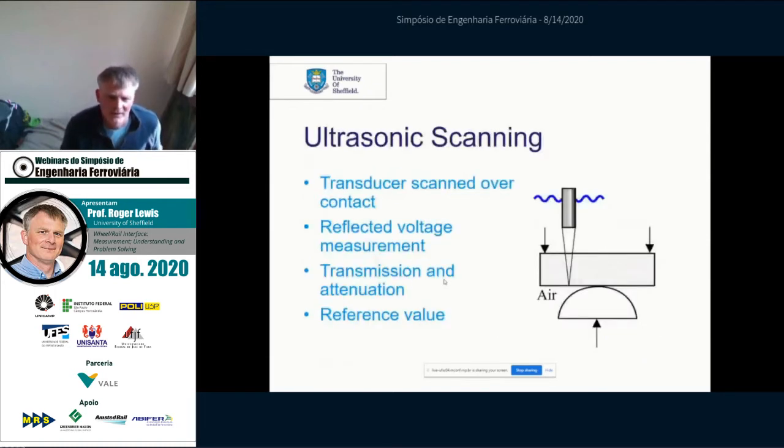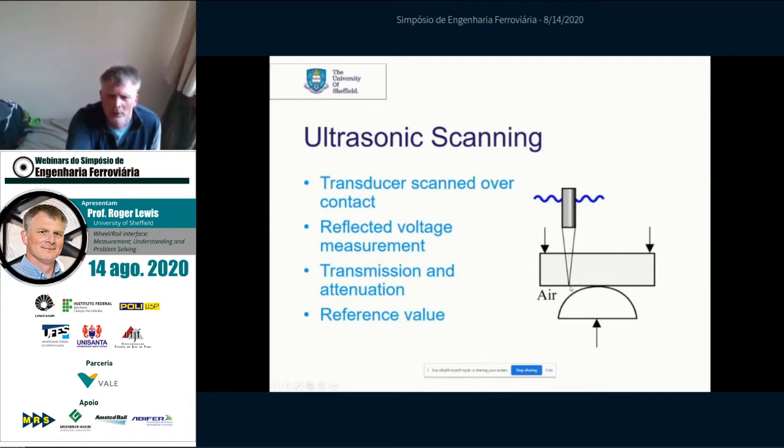So when we're doing a scan, we will scan over the contact, but we also need to scan away from the contact to get a reference value for calculating our reflection coefficient. And this obviously takes into account the loss of ultrasonic signal through attenuation as it passes through just that top specimen as illustrated here.